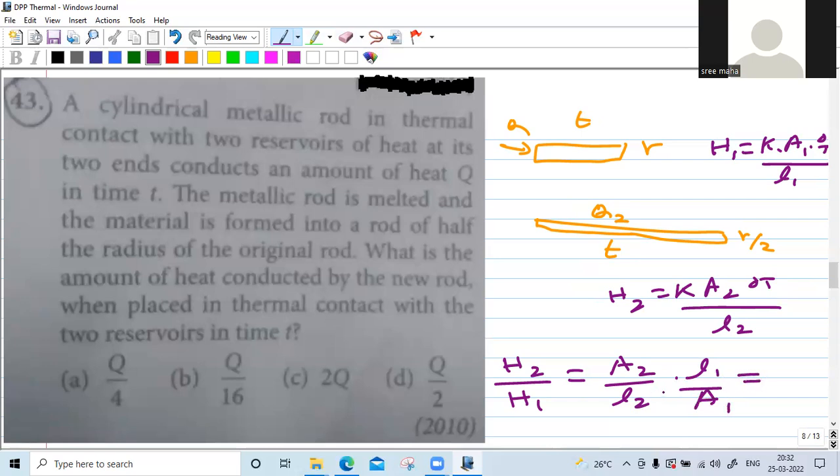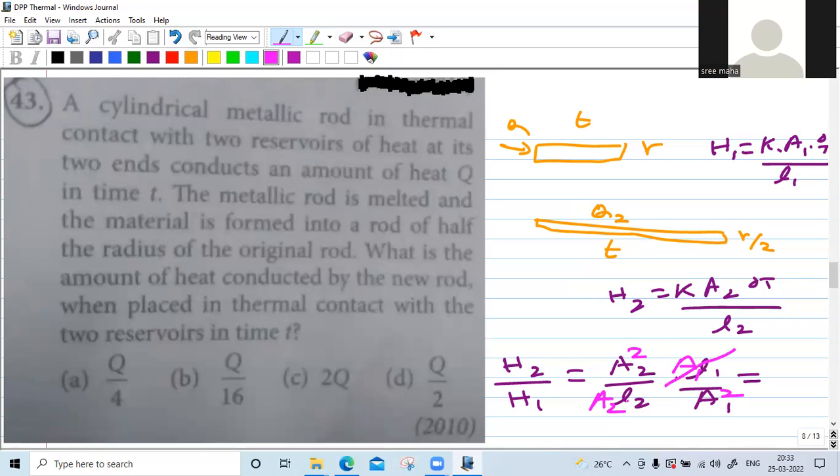Another thing is A1 L1 equals A2 L2. So multiply numerator and denominator: here I multiply by A1, so it becomes A1 squared, and here I multiply by A2, so it becomes A2 squared.